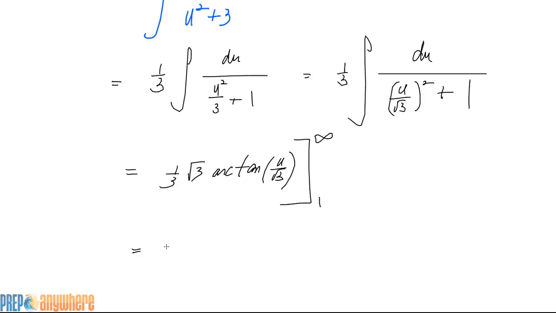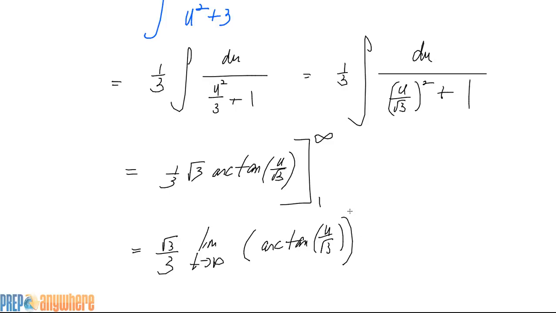So this can be rewritten as root 3 over 3, limit t approaches infinity, arctan u over root 3, and we have t and 1 here.